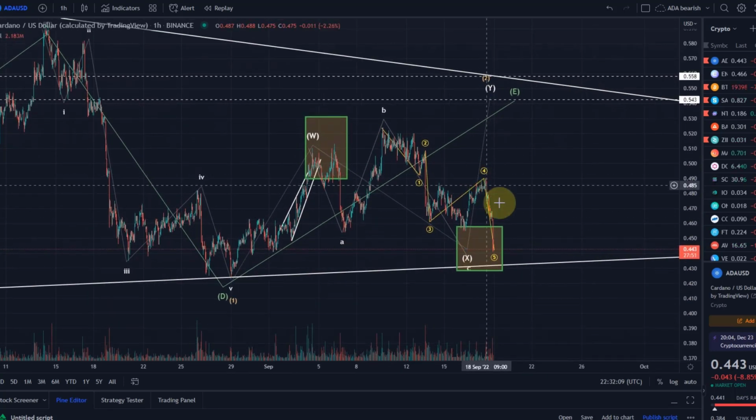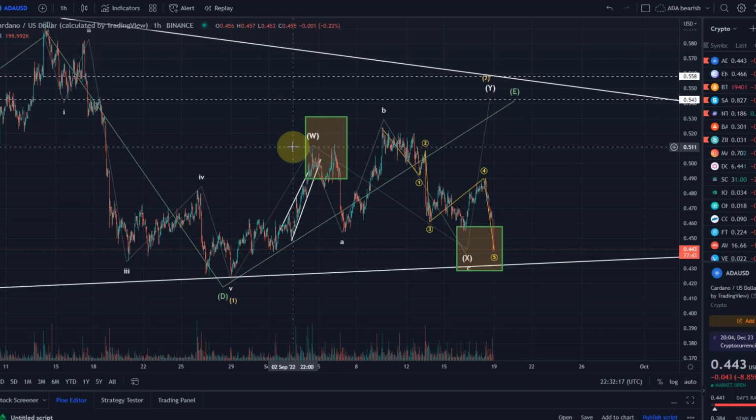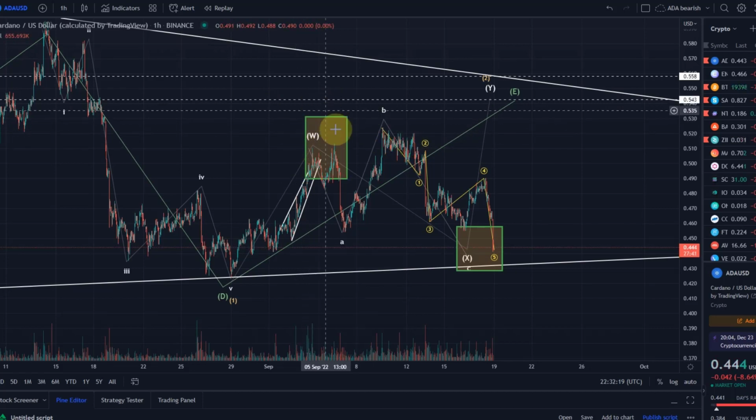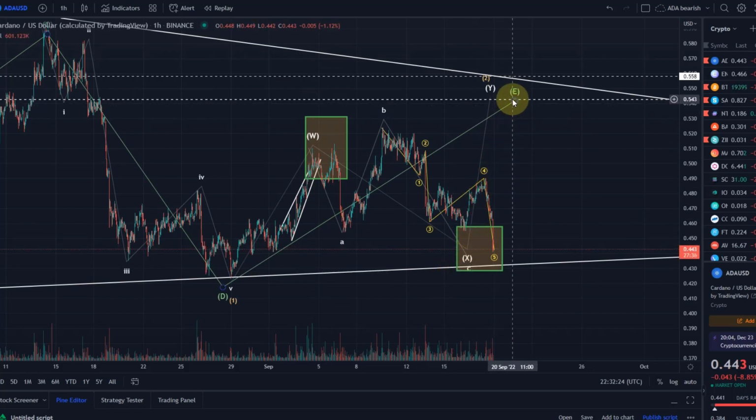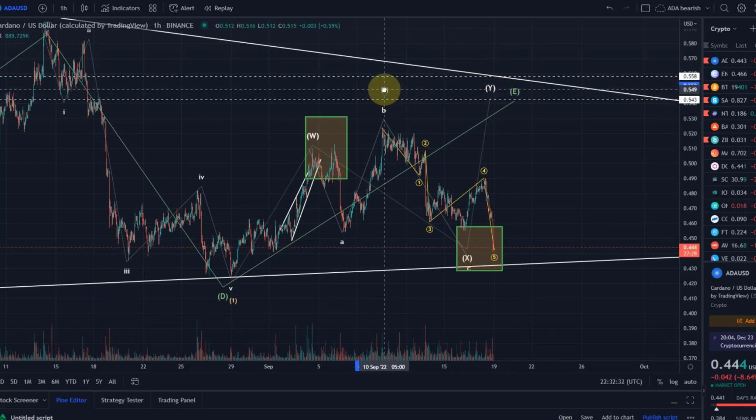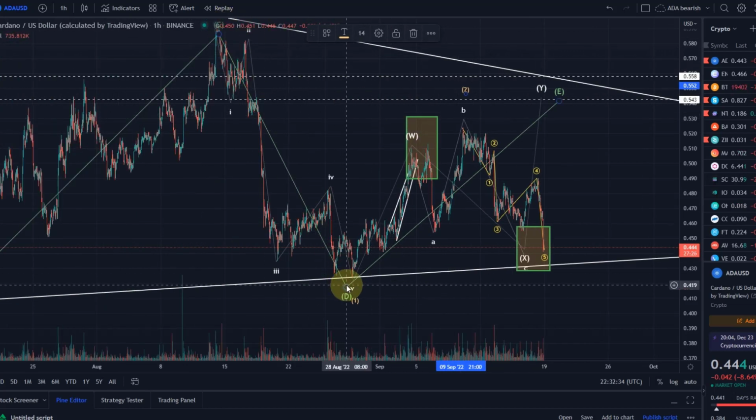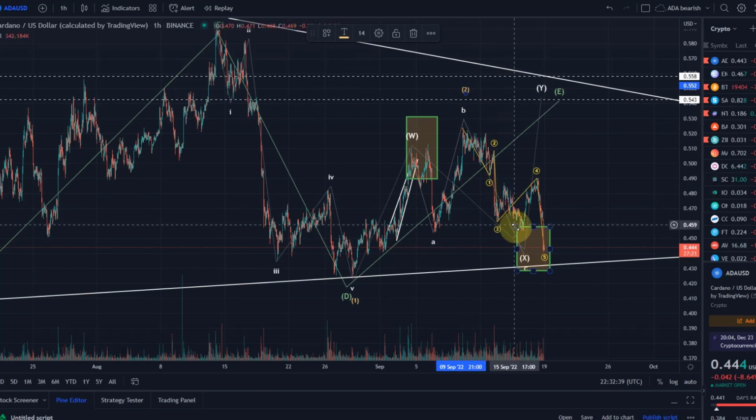But what I think is very, very likely as well with ADA is W, X, Y. I mean, we could say that the wave 2 in fact was already in here, 1, 2, and that we're already heading down in a wave 1 here.